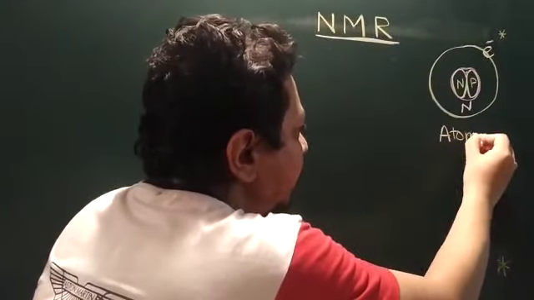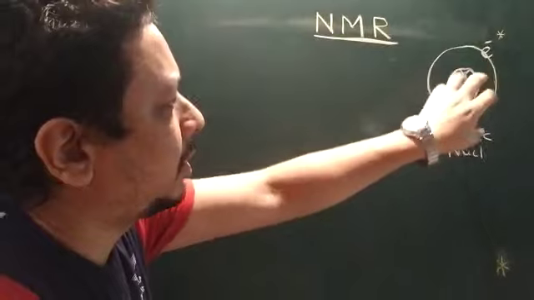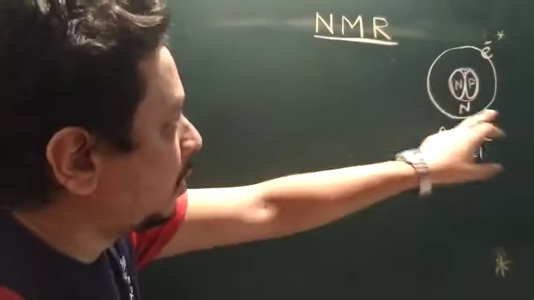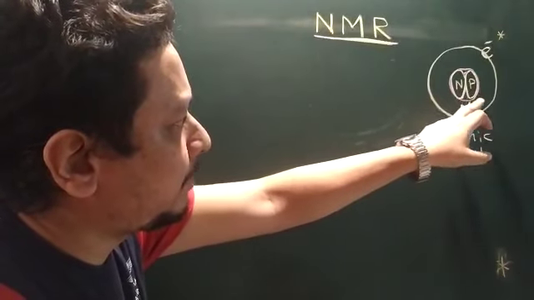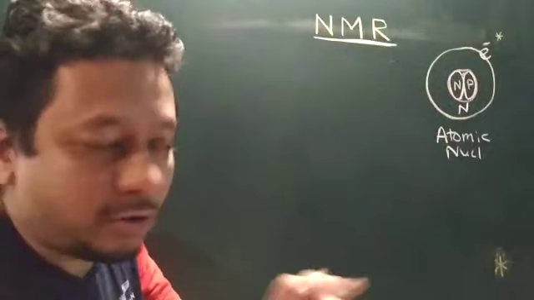Now, coming to the atomic nucleus: every nucleus has electrons surrounding it, held by the electrostatic force, where the nucleus contains neutrons and protons, which are held together by a nuclear force. Both are different, okay?